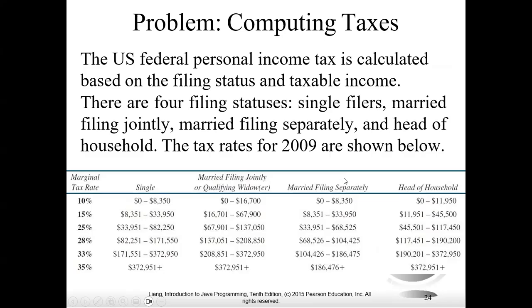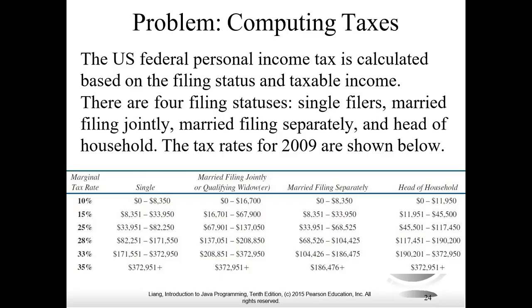And here is a certain kind of problem which is pretty similar to our lab problems. Here it says that the U.S. federal personal income tax is calculated based on the filing status and taxable income. There are four filing statuses: single filers, and the married ones, which are divided into different categories.